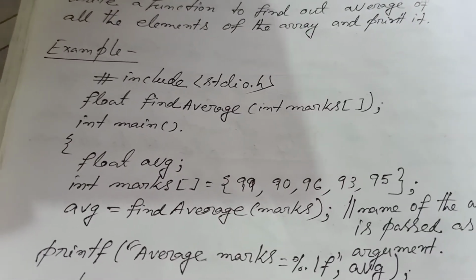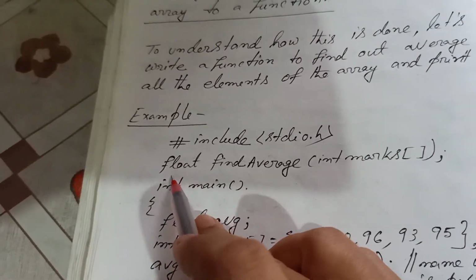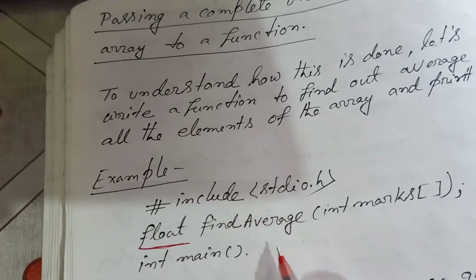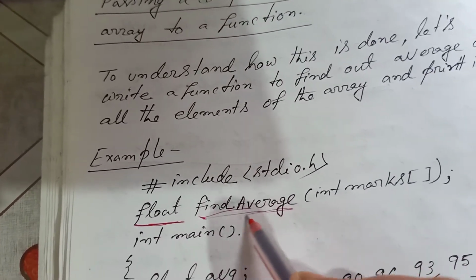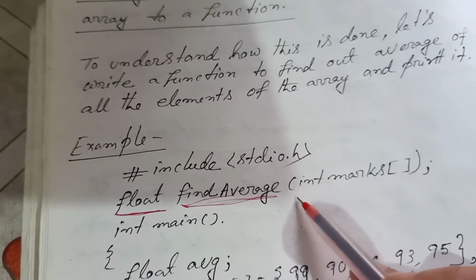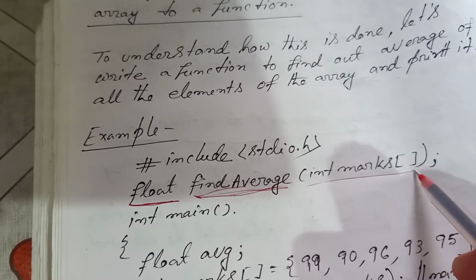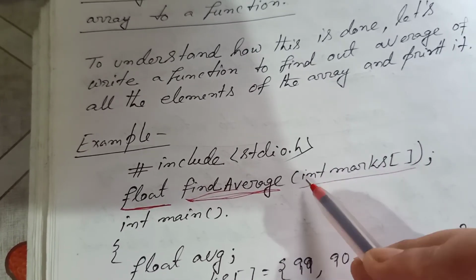Include stdio.h. Here we are taking a user defined function with the return type float. Find average is the user defined function, and within the bracket int marks without declaring the size.